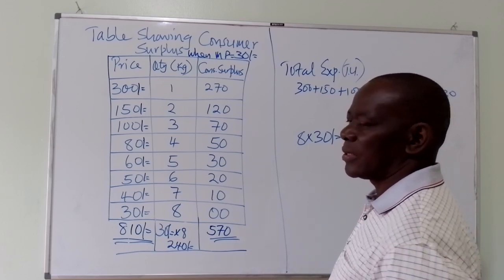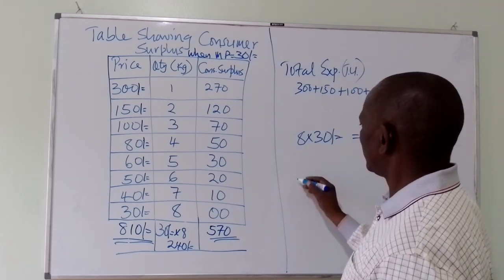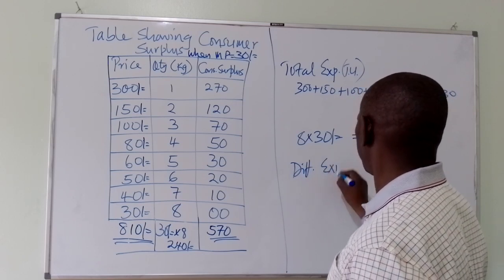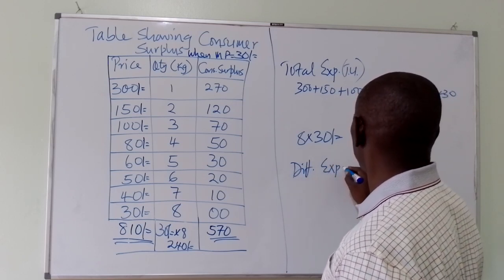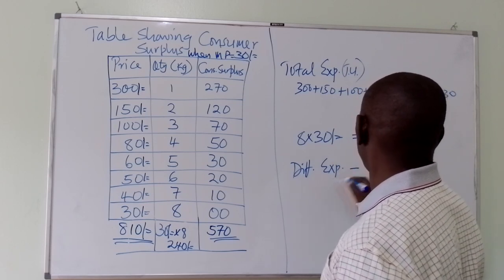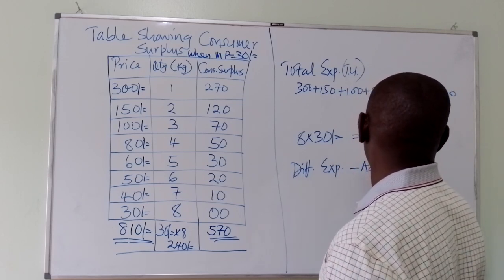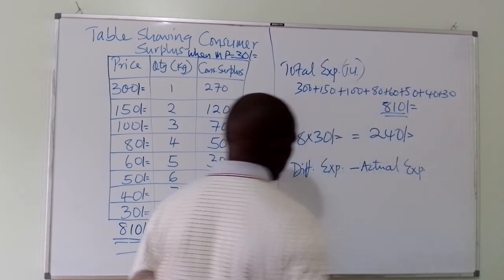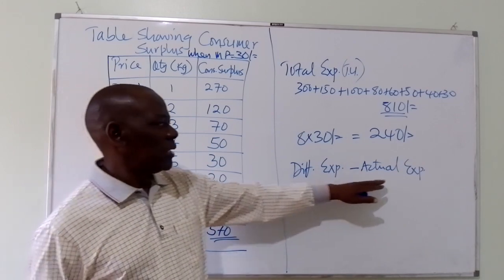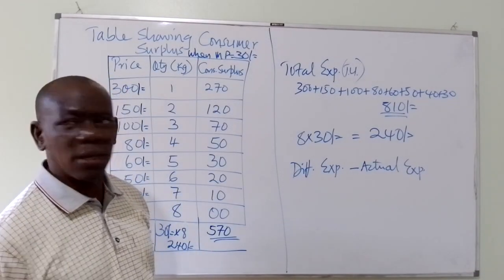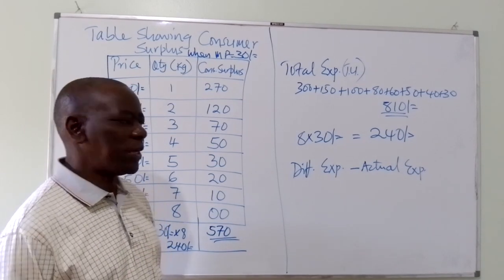So when we are looking at the consumer surplus, we say it is the difference between what you expected to spend, expected expenditure, and the actual expenditure. It is the expected expenditure minus the actual expenditure. What was the actual expenditure?